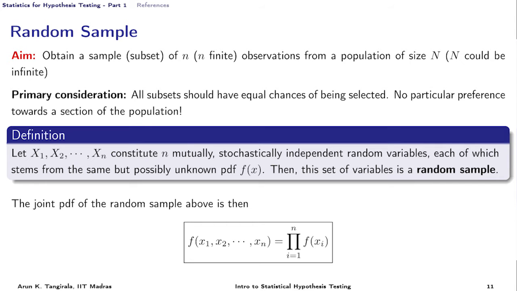Now, this z is called a statistic if and only if I know mu and sigma. If I do not know this mu and sigma, this mu is the mean of the PDF which is generating the data for me, and sigma is, let us say, the standard deviation of the PDF, or sigma could be the standard deviation of x bar as well, which I do not know. We will show later on that the standard deviation of x bar can be calculated knowing the standard deviation of the PDF that is generating the data and the sample size.